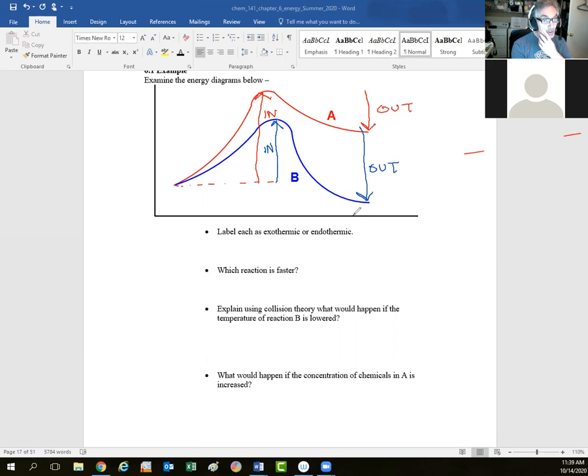So clearly, for reaction A, there's more energy going in. And so reaction A is an example of an endothermic reaction. More energy goes in than comes out. Therefore, reaction B is an exothermic reaction.